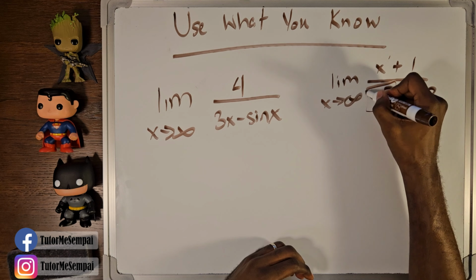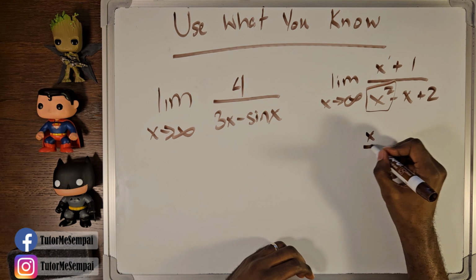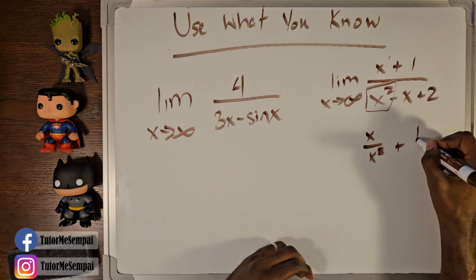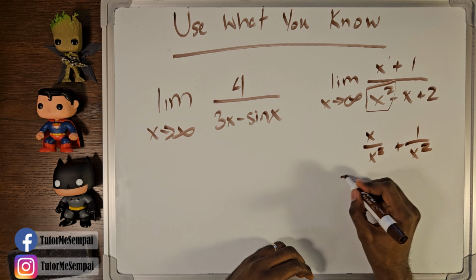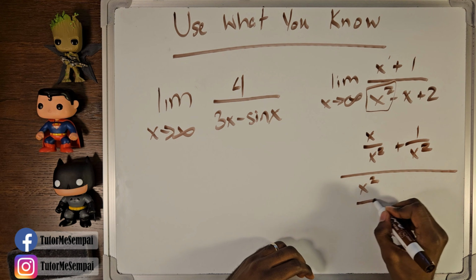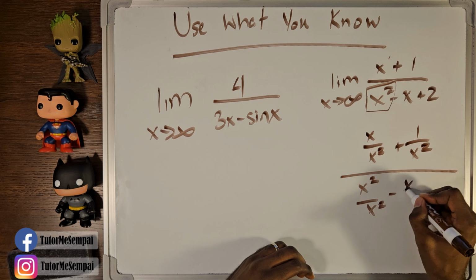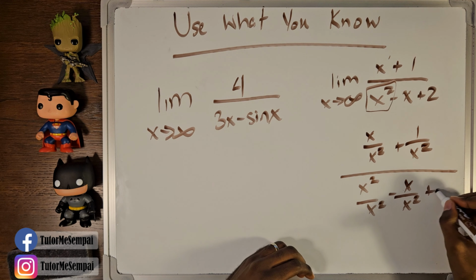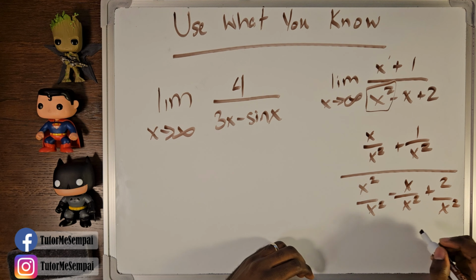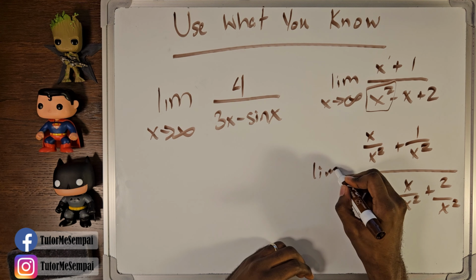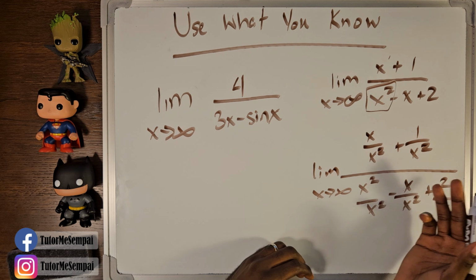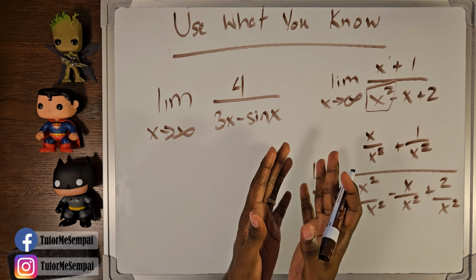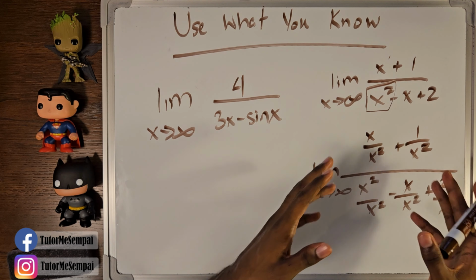That would be this x squared, which meant that you have x over x squared plus 1 over x squared, all over x squared over x squared minus x over x squared plus 2 over x squared. And then we found the limit of this as x goes to infinity. This was the long way of doing our rational polynomial limits.